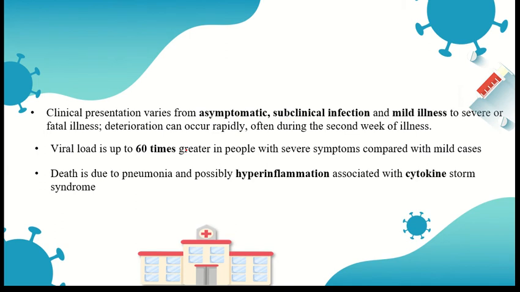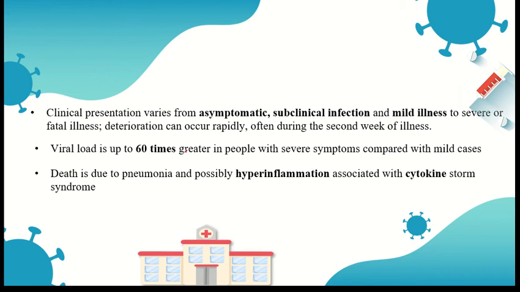Clinical presentation. Clinical presentation varies from asymptomatic subclinical infections and mild illness to severe or fatal illness. Deterioration can occur rapidly, often during the second week of illness, while viral load is up to 60 times greater in people with severe symptoms compared with mild cases. What about death?